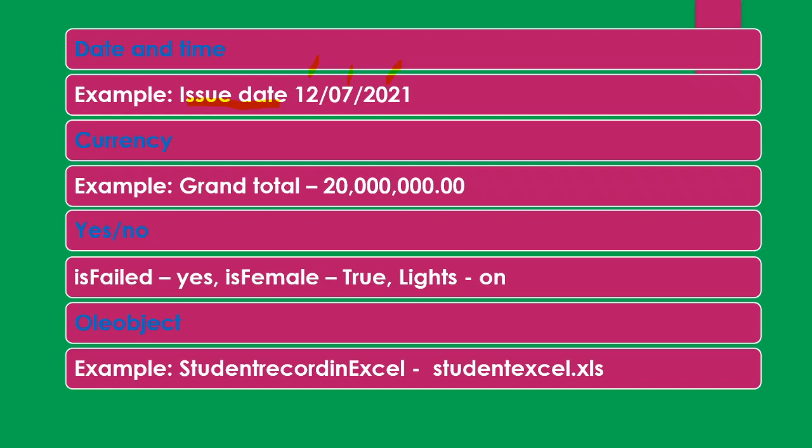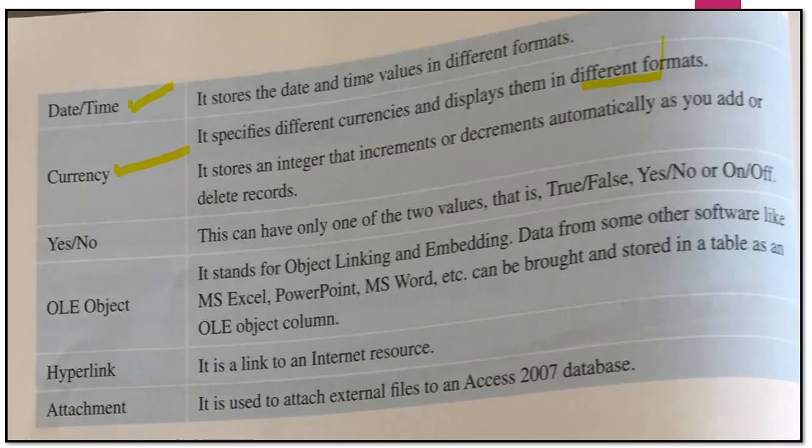And next is for the currency, a currency format. Again, it specifies different currencies and displays them in different formats. It stores an integer that increments or decrements automatically as you add or delete records.